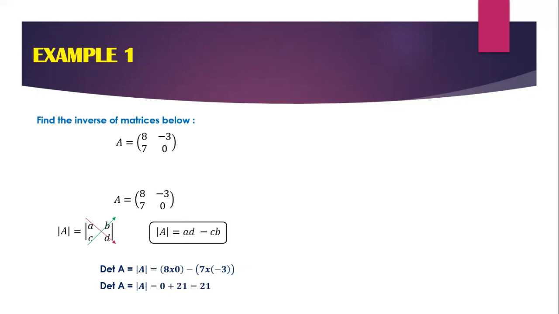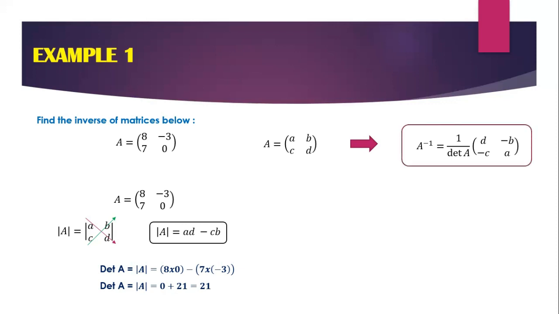So what about the inverse of matrix? Let this be matrix A, B, C, D. So the inverse of matrix is 1 over determinant A, open matrix D, minus B, minus C and A, close matrix.